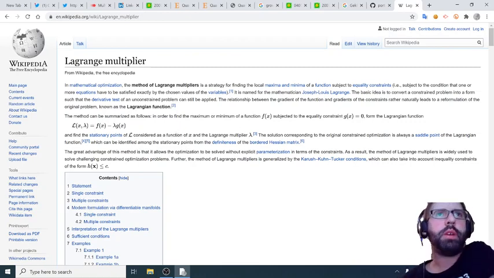The method can be summarized as follows. In order to find the maximum or minimum of a function f(x) subject to the equality constraint g(x) equals 0, form the Lagrangian function L(x, lambda) equals f(x) minus lambda times g(x).